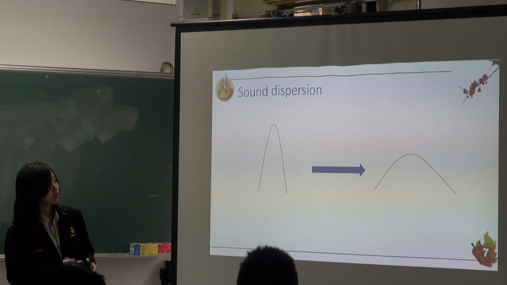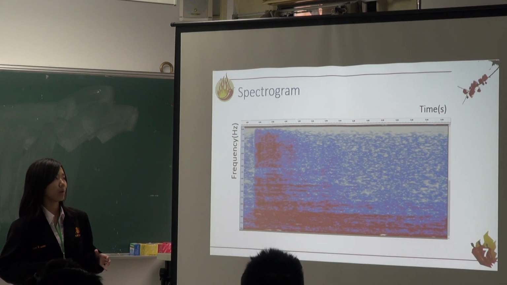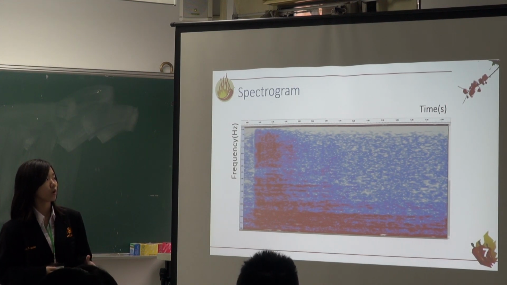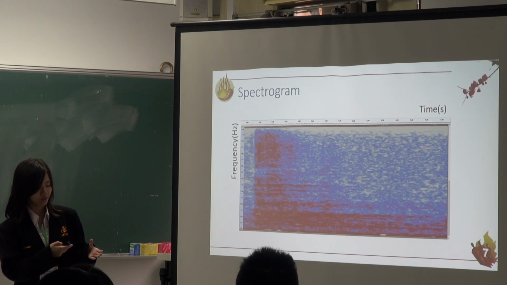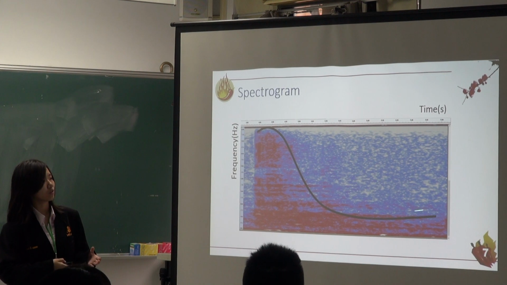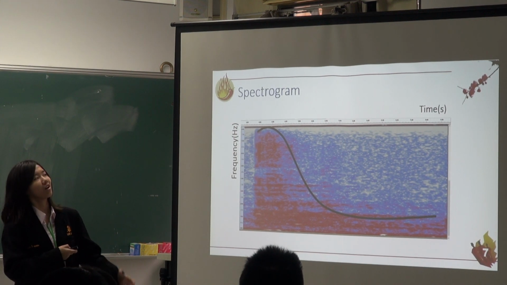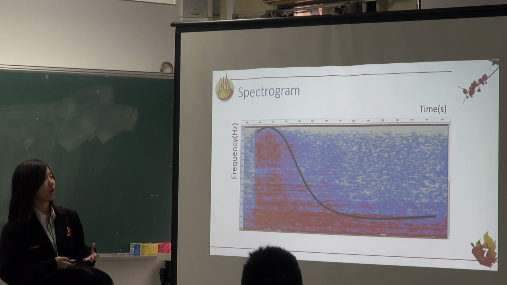And I use the spectrogram. This is mainly how I use a spectrogram to see the chirp, and you can see the frequency will turn from high into low, and that is chirp.